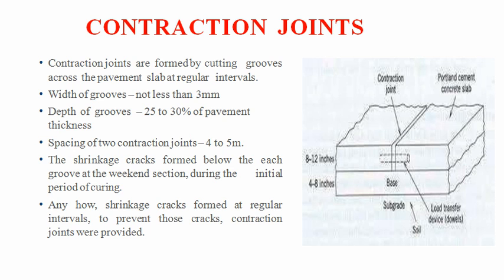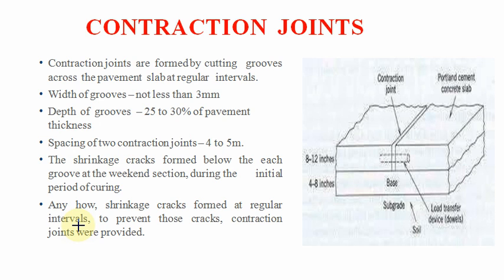The shrinkage cracks form below each groove at the weak section during the initial period of curing. These shrinkage cracks form at regular intervals, and to prevent those cracks, the contraction joints are provided.